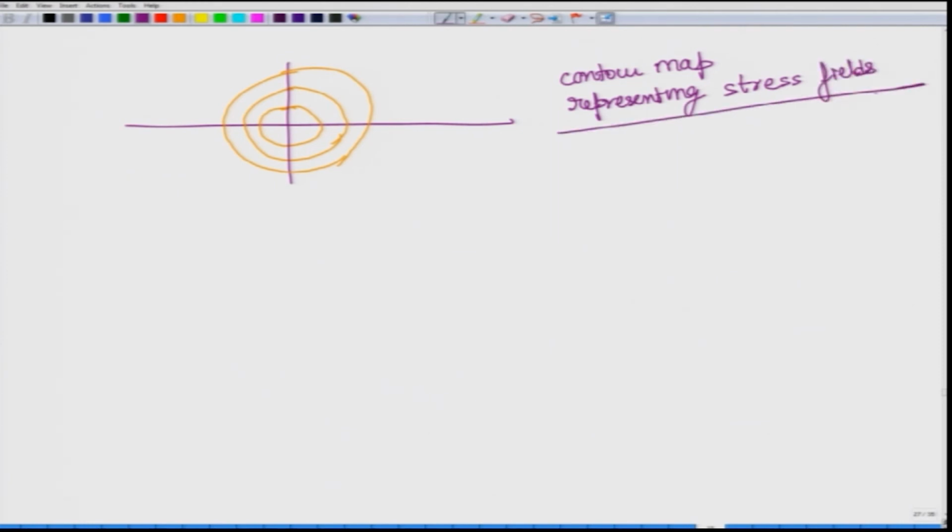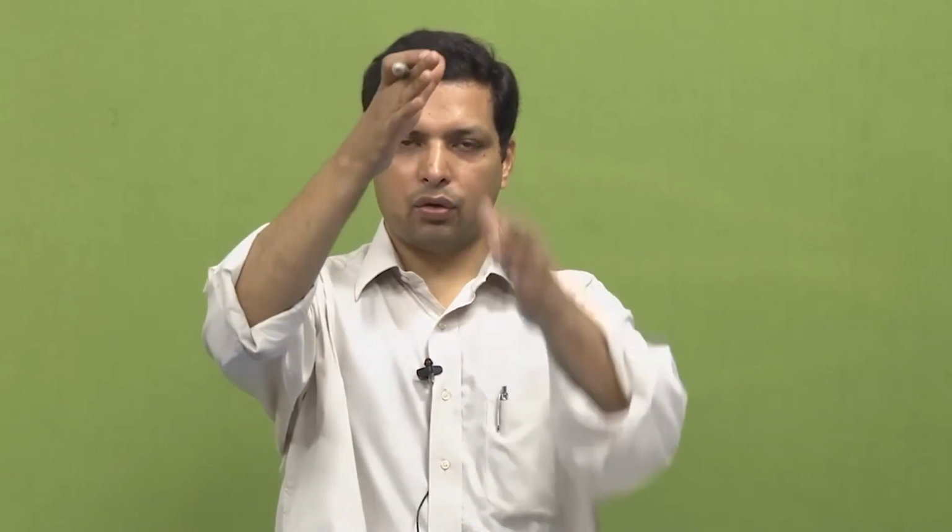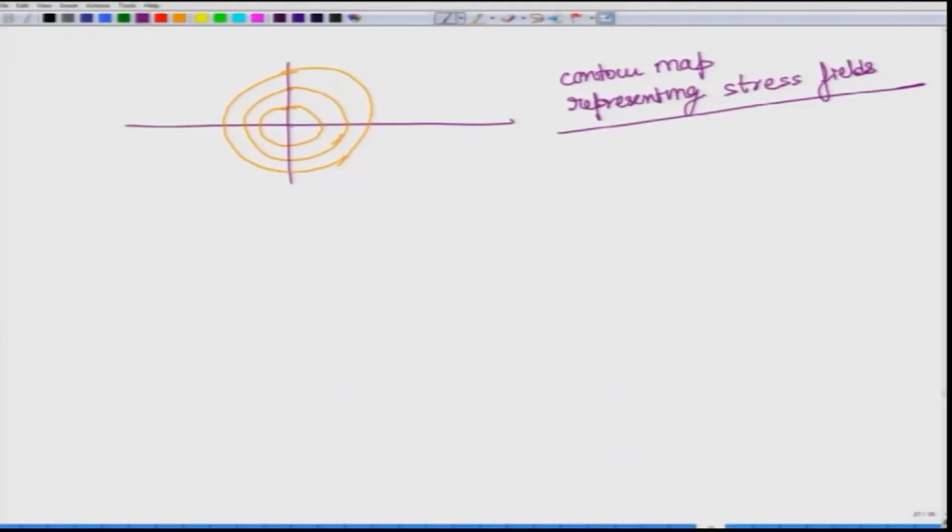stress field, and it should be obvious that we are increasing the stress as we keep going inside the radius. So, this is a higher value, this is a lower value, this is a lower value. You can imagine that it is like a cone which is dropping like this. So, at the core you have a very large value, and the value is dropping as you go away from the center point, which is x equal to 0, y equal to 0.